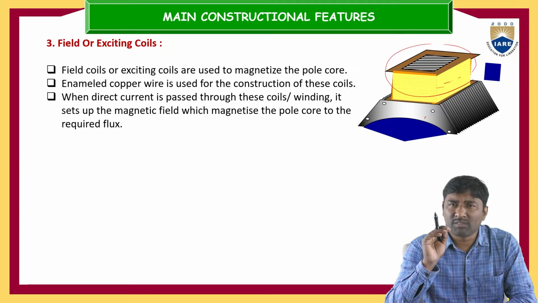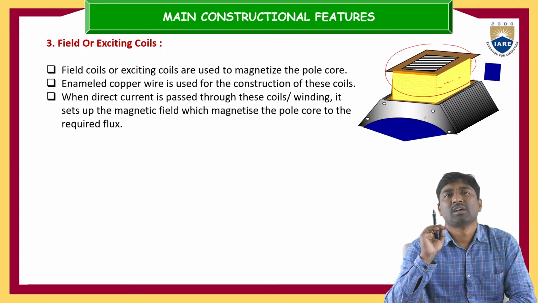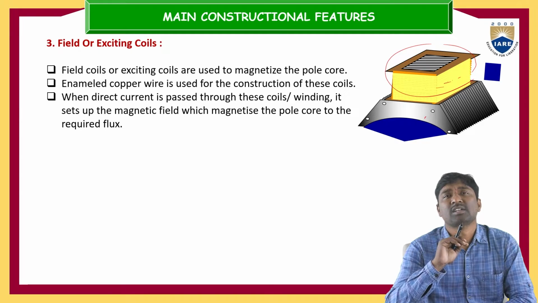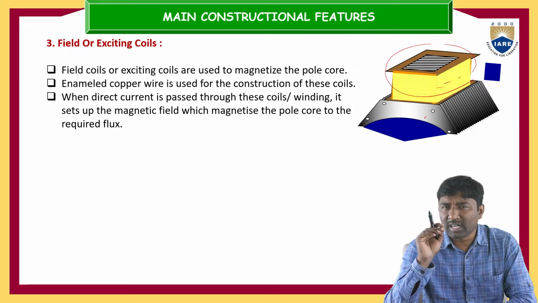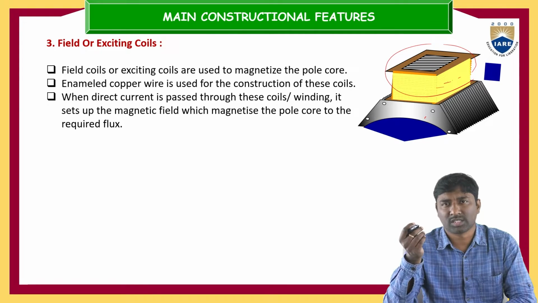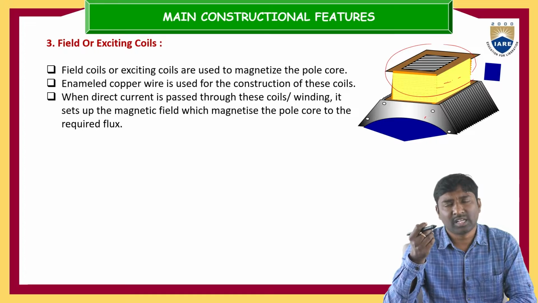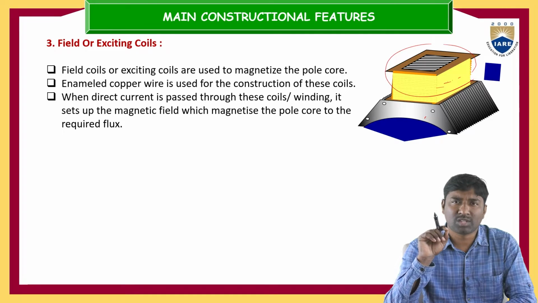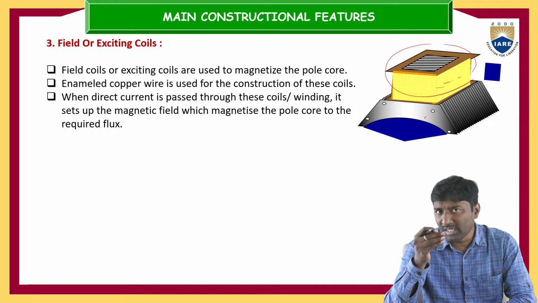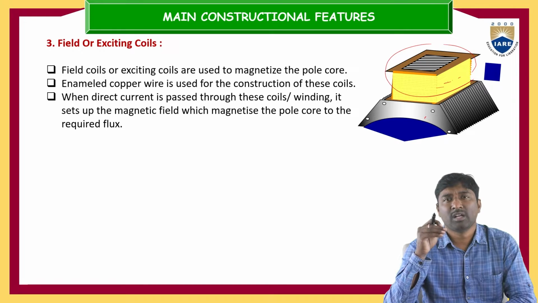According to the principle of the DC machine, according to Faraday's law of electromagnetic induction, whenever a current carrying conductor is placed in the magnetic field, an induced EMF will be produced. The induced EMF is directly proportional to the rate of change of flux linkage. So when will we get the electromagnetic field?